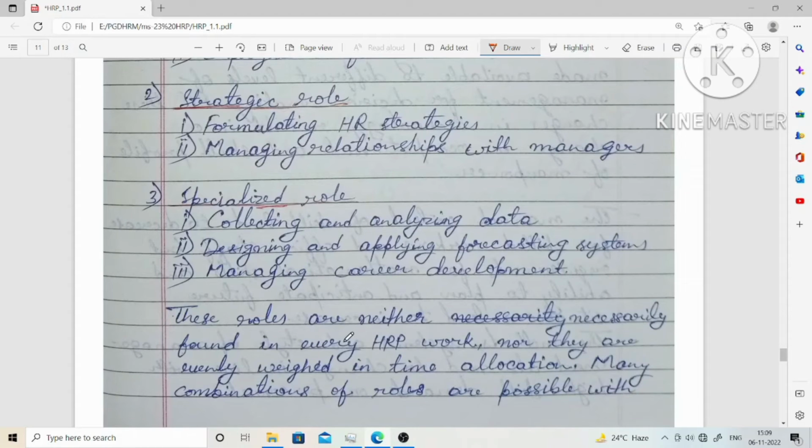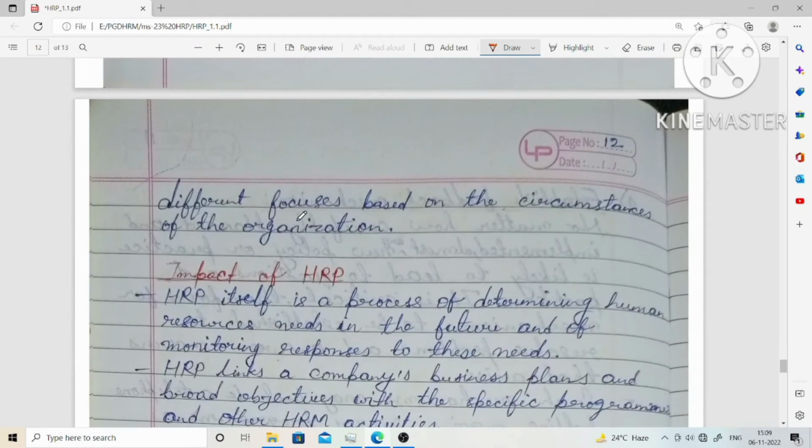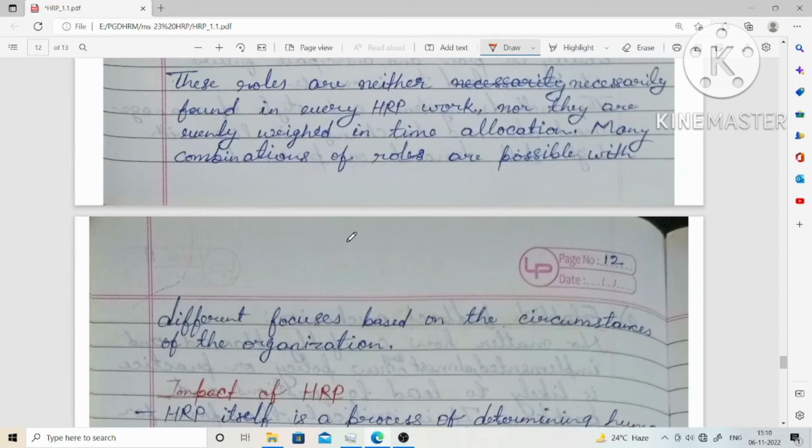There may be some part which is going to weigh a little more compared to others. Many combinations of roles are possible with different purposes based on the circumstances of the organization. According to the circumstances of the organization, many different things need to be focused on.